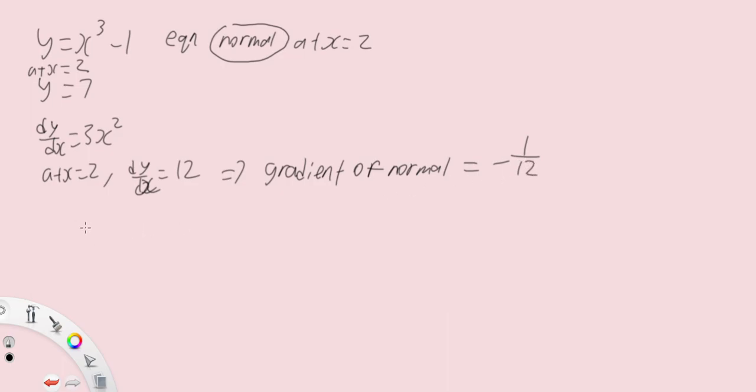Now piecing everything together, y minus 7 equals minus 1 over 12 times (x minus 2). We will then have y equals minus x over 12, or 1 over 12 times x, whatever suits you, plus 7 and 1 over 6. And this is basically how you find the equation of a normal at a certain point.